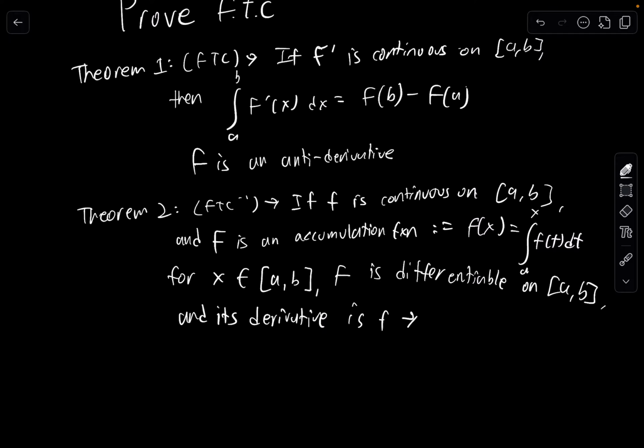Which is really just saying that cap F prime of x is just f of x for all x in [a, b]. This just means for all x in the interval.